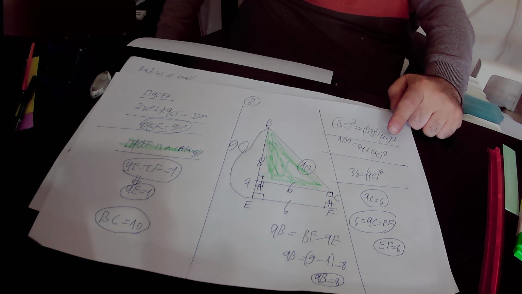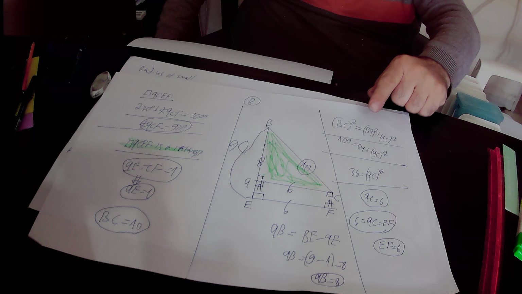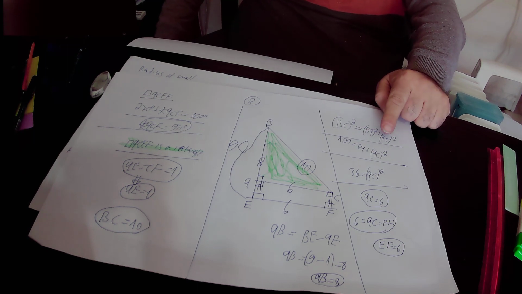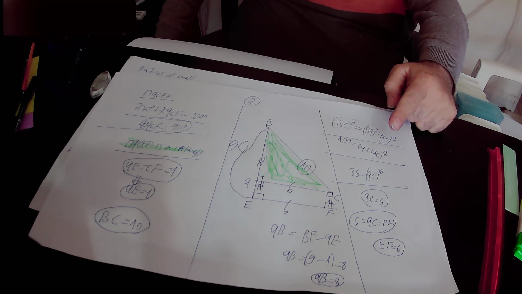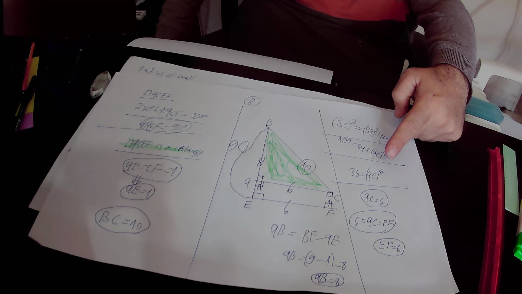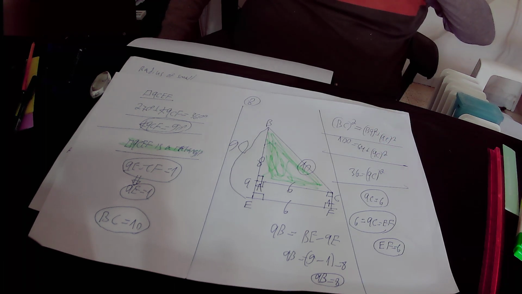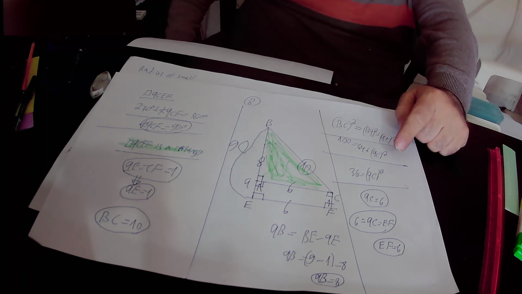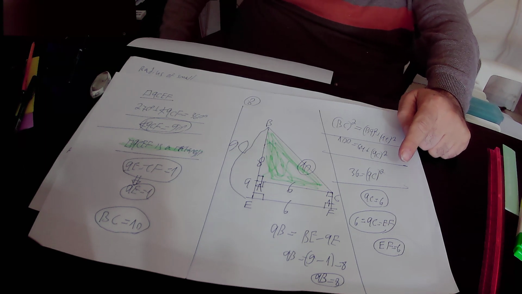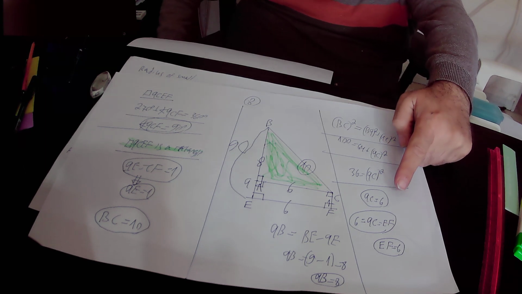So we found out that 100 equals 64 plus QC square. We subtracted 64 from this equation, and 100 minus 64 is 36, so 36 equals QC square. We took the root of this equation, and we got that QC equals the square root of 36. The square root of 36 is 6, so QC equals 6.